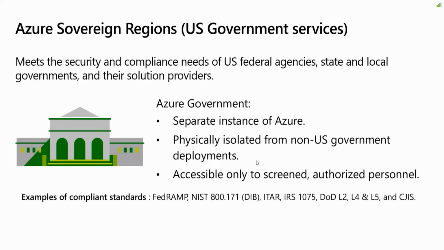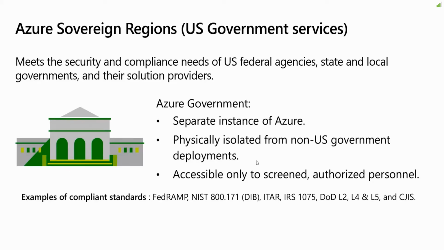So me, as Chelsea, right now, I could not deploy in our Azure regions. Part of the reason that they're separate is from a privacy and security standpoint, but they also have their own compliance offerings. So like I said, we have the FedRAMP, the NIST, very specific to either state, local, or federal government.